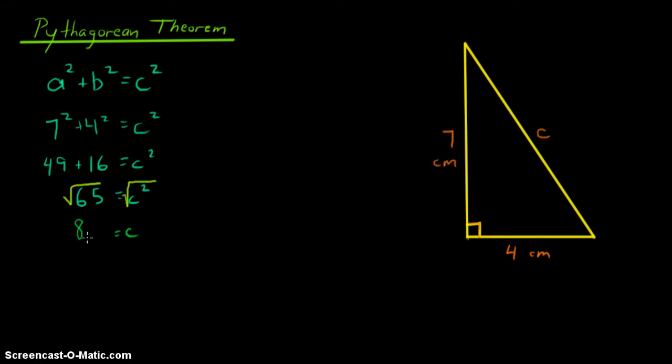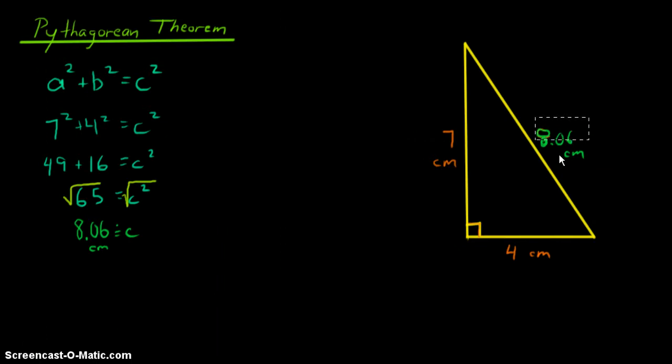Okay. So, looking at around 8.06 centimeters. And that's how long that side is. So we can relabel this 8.06 centimeters. So it's really just as simple as plugging some numbers into an equation.